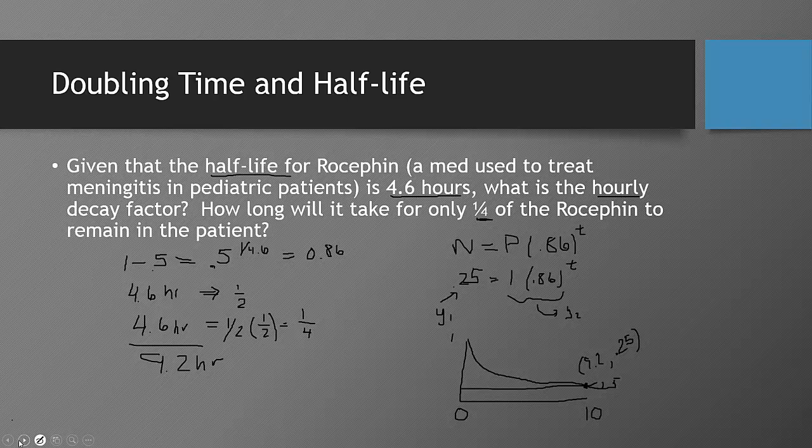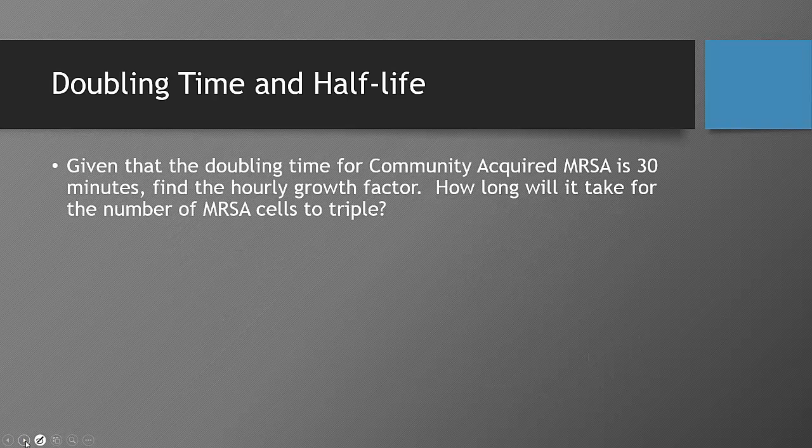Let's take a look at a doubling time example. So we're given that the doubling time for community-acquired MRSA, that's that methicillin-resistant staphylococcus, is 30 minutes. Find the hourly growth factor. So this concept of doubling time.